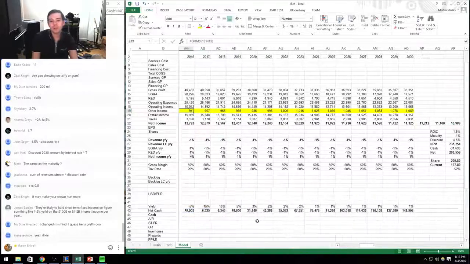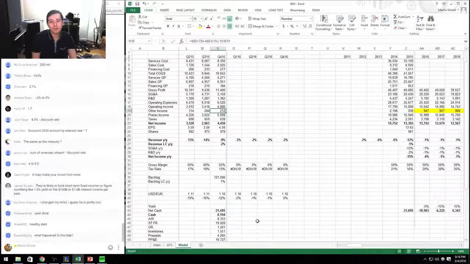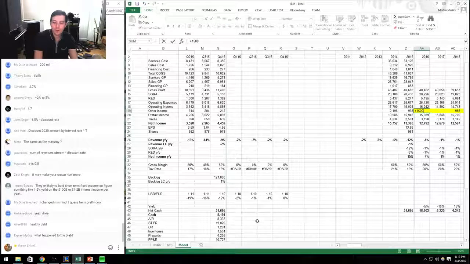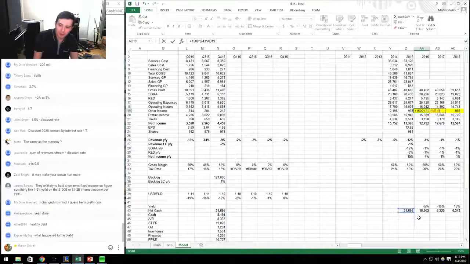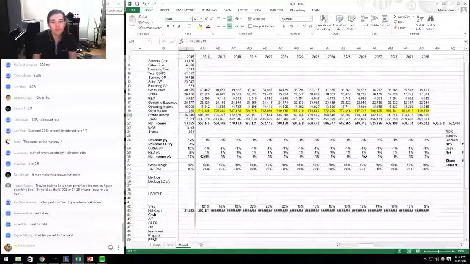If you look at their numbers here, they make 1.5 billion, and then they have financing costs. So let's actually put that instead. Plus 1,500 times whatever this number is, multiplied by negative 1.5% in this case, or 1.5% when it's positive.